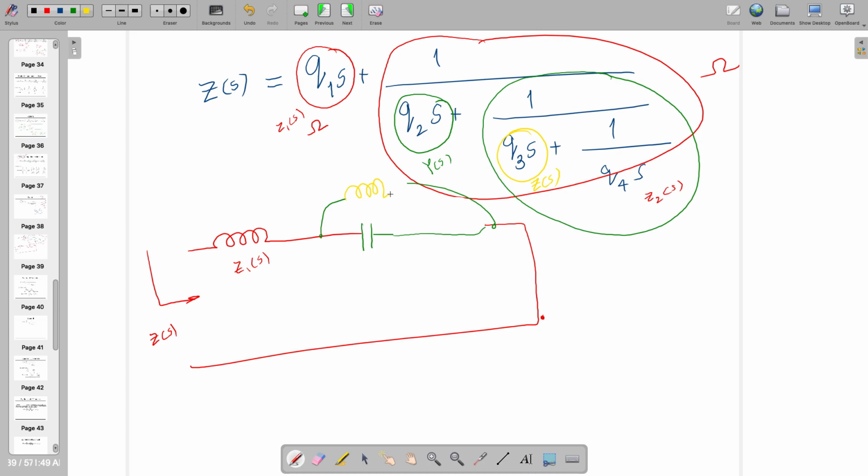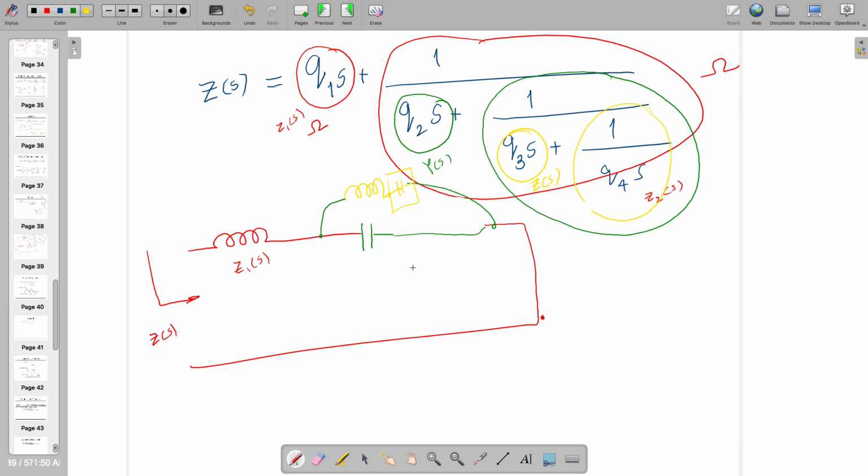Wherever you are seeing j omega L, it's an inductor, and the other thing will be in series. So I am going to keep this in series with this one. But this is admittance, this is a capacitor, go on, right?